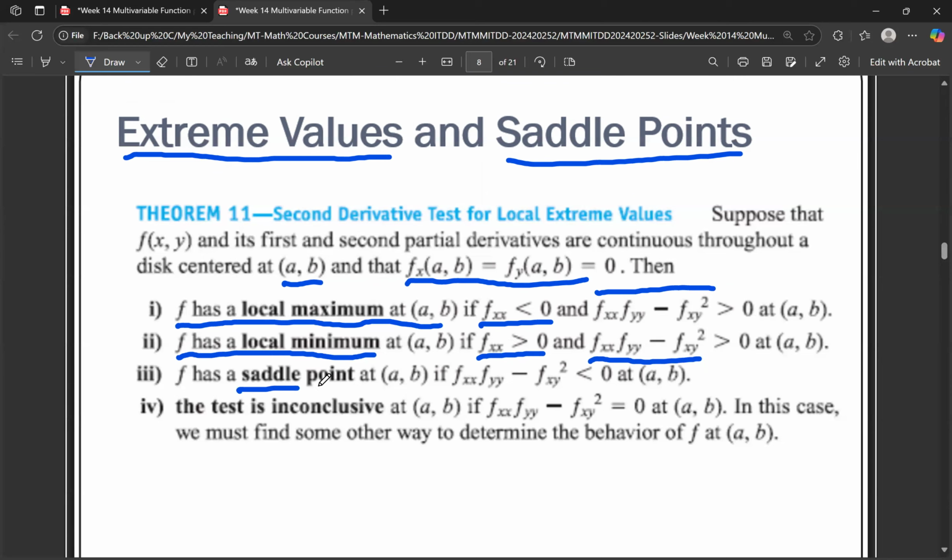It is a saddle point if this value is less than 0.